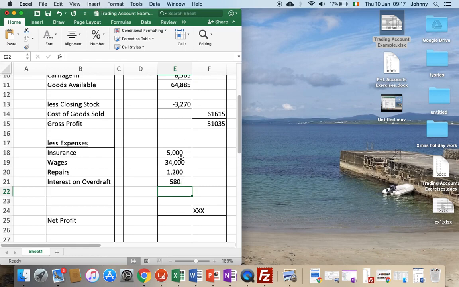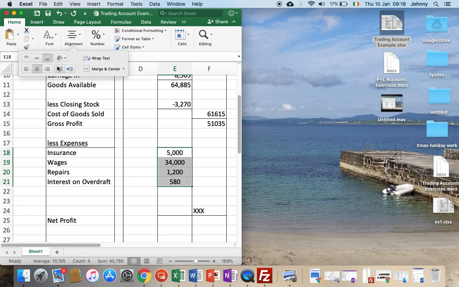If you're doing this with calculators, or if you're doing this the old-fashioned way, you could end up making a mistake with the adding and subtracting. So I'm just going to make sure that these are all lined up, units under units, tens under tens. And we're going to add all these together. We're going to get a total number, which we're going to put over here. And that total expenses will be subtracted from our gross profit to get our net profit.